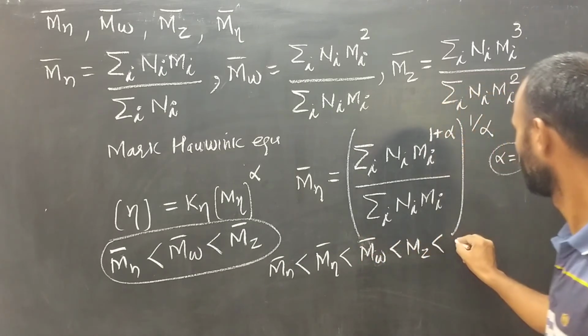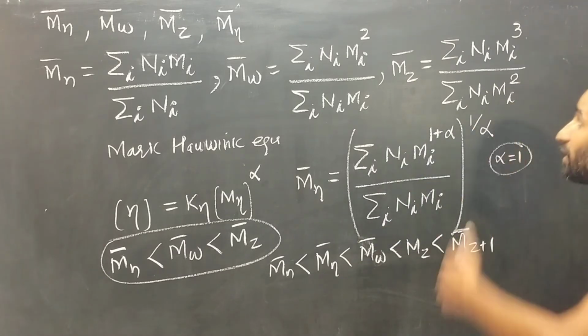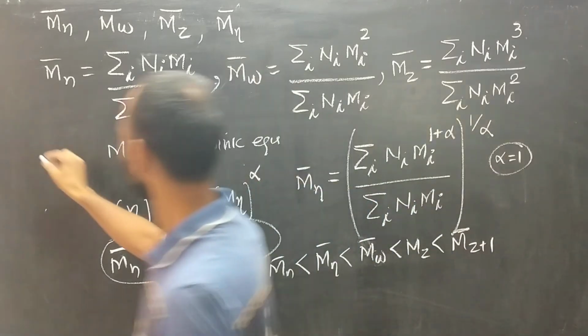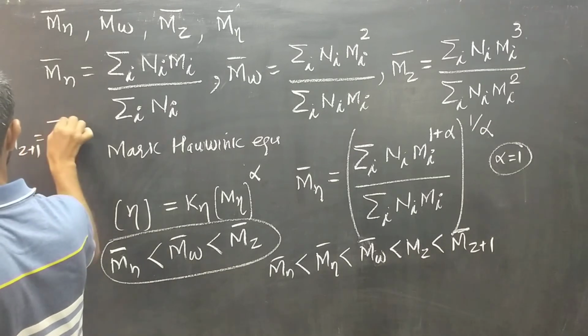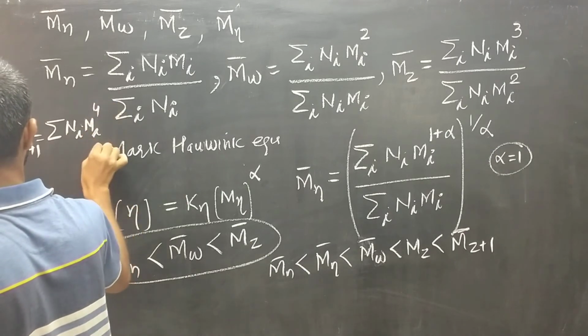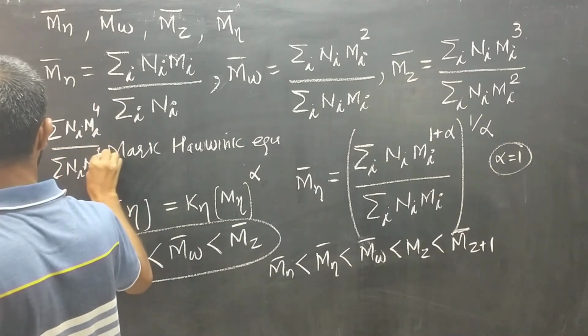Then Z average, Z plus 1 average. Z plus 1 can be written as MZ plus 1, the summation of Ni Mi 4 over the summation of Ni Mi 3.